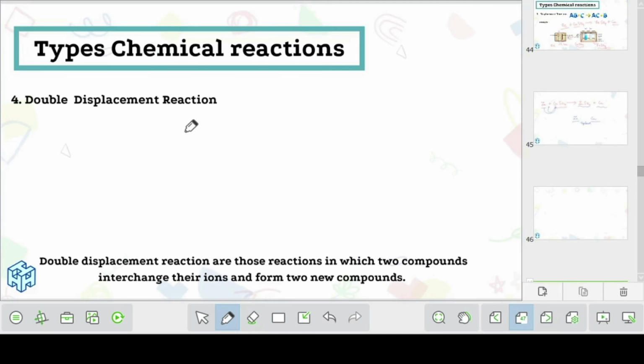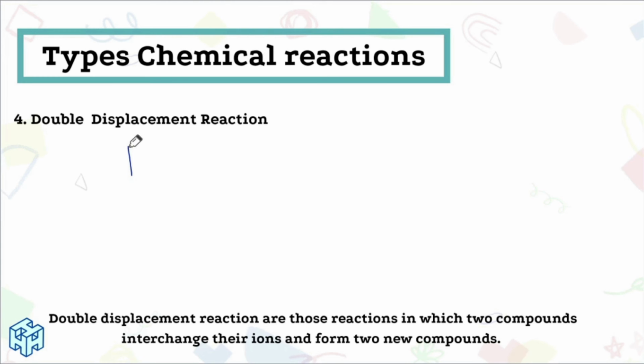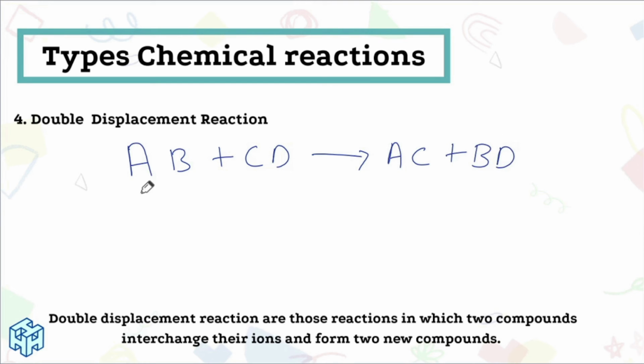Now let us understand one more type of reaction, that is double displacement. Here, let us consider AB plus CD. What happens here is AC will join and BD will join. That is, one element will replace another.